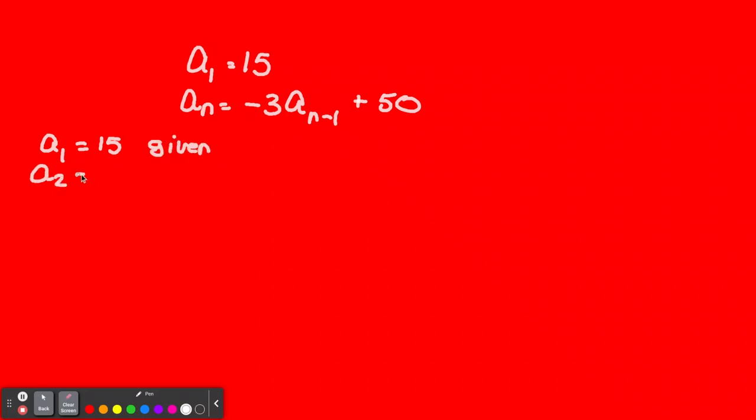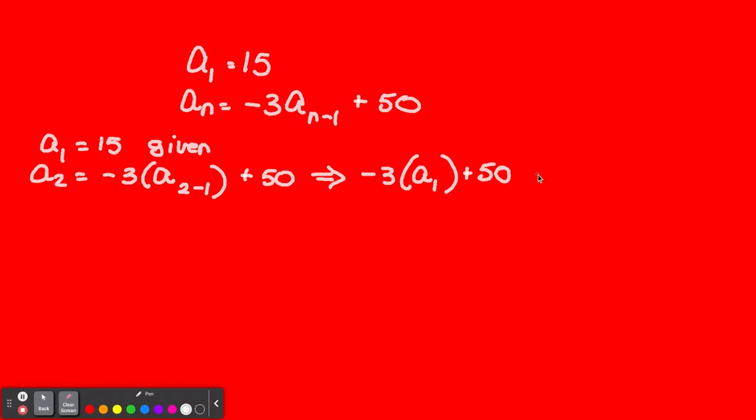And the second term is going to be negative 3 times a2 minus 1, subscript 2 minus 1, plus 50. Just doing it recursively. So it'll be negative 3 times what a1 was, plus 50, which will be negative 3 times 15, since we know that a1 is 15, plus 50.